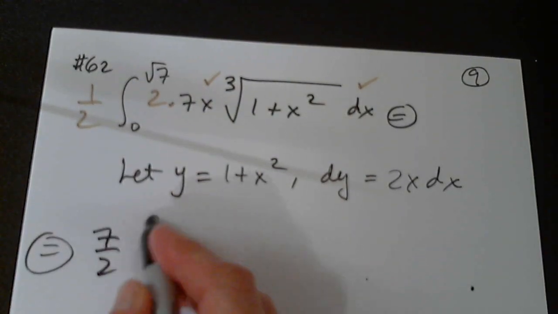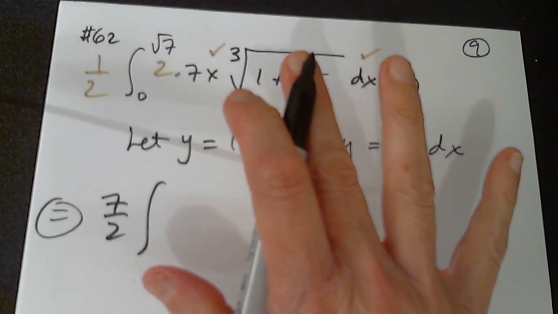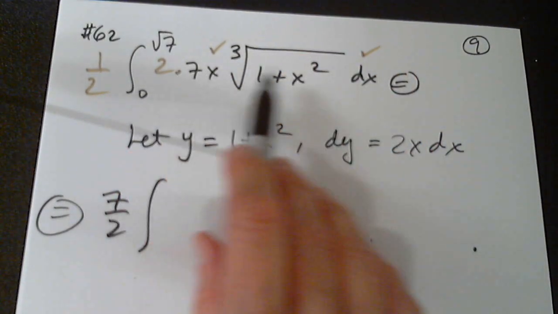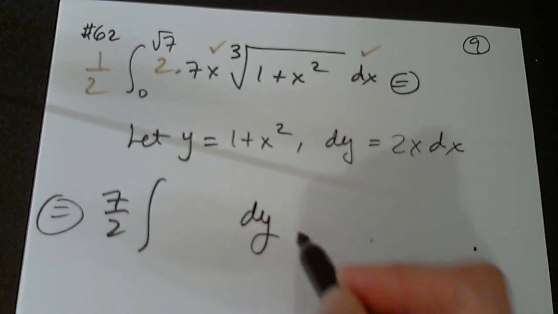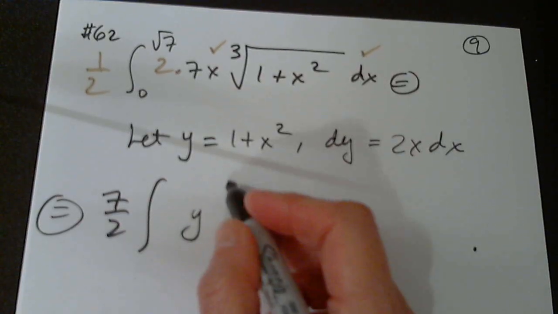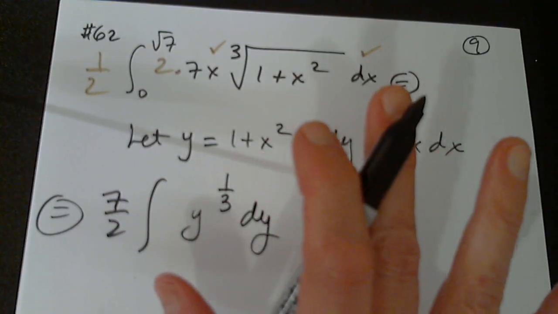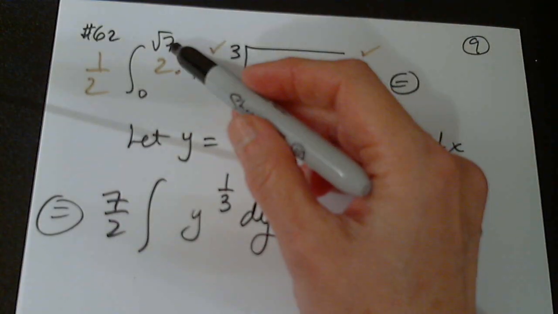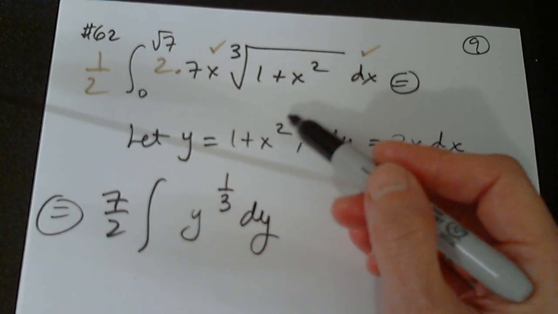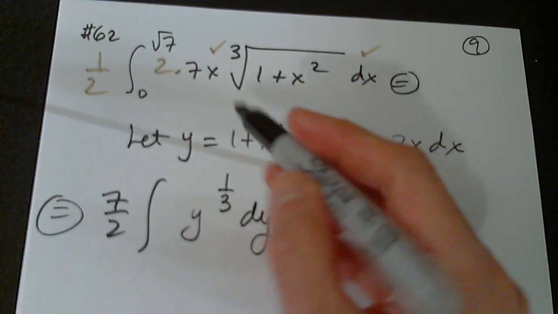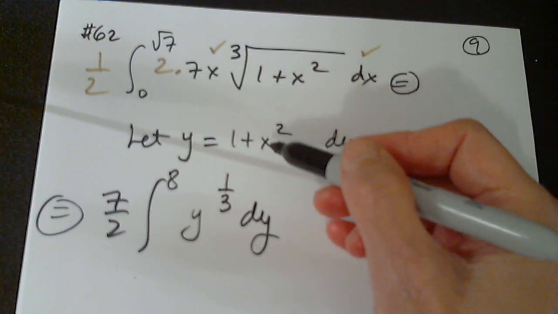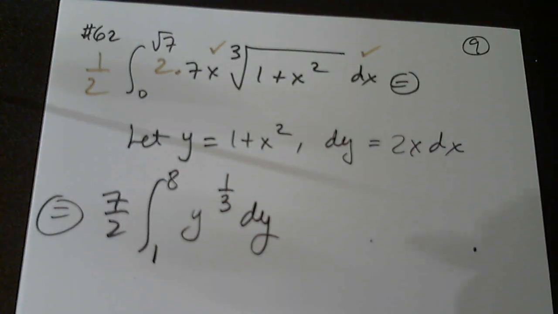So 7 halves. Do not copy the limits of integration. The 2, x, and dx make up dy. The cube root of y is y to 1/3. Now, careful. When I plug in the square root of 7 squared, I get 7 plus 1, which is 8. When I plug in 0, I get 0 plus 1, which is 1.